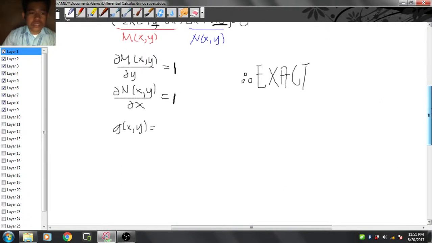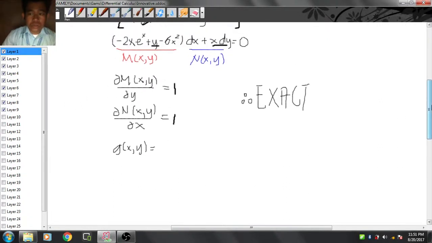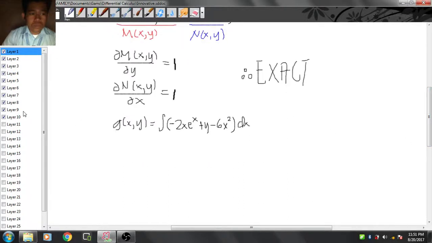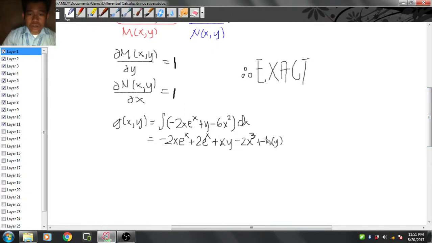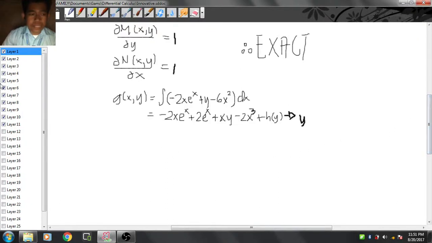So to solve the exact equation, we need to take the M of xy and integrate it with respect to dx. That will give us this one. After that, to solve for the h of y, we need to differentiate this result with respect to y, and that will give us x plus h prime of y, since there's only one y here.